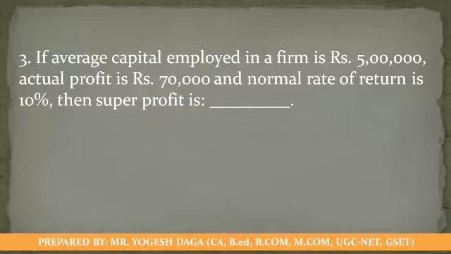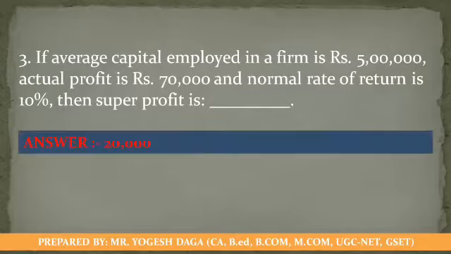Here the actual profit is 70,000 and the normal profit, 10% of 5 lakh, comes to 50,000. So the correct answer is 20,000 only: 70,000 minus 50,000 gives a super profit of 20,000.